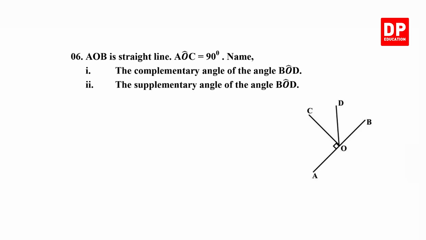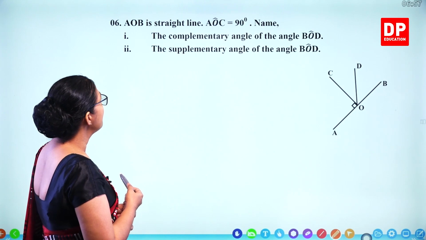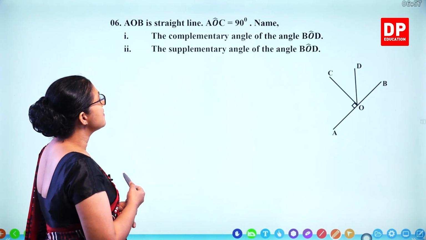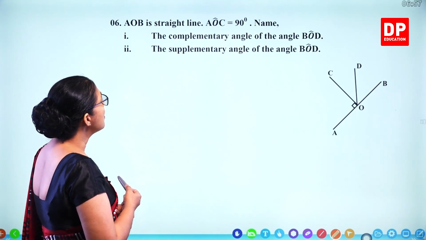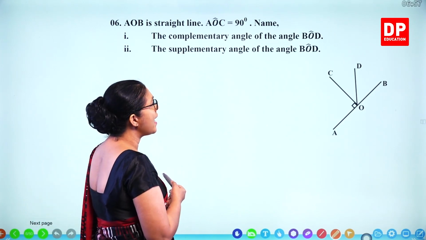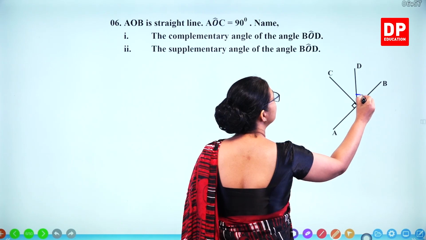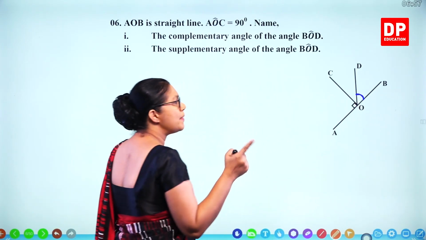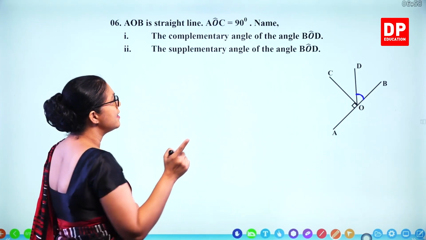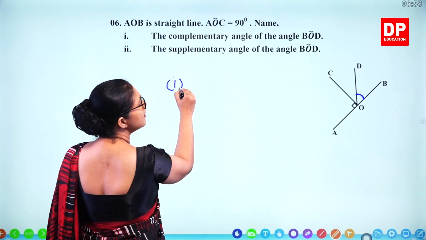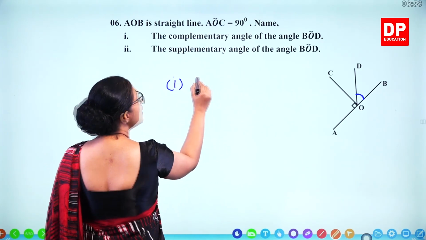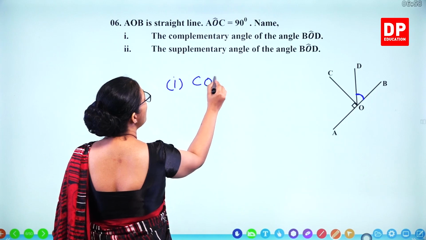Question number 6. AOB is a straight line. AOC is 90 degrees. Name the complementary angle of the angle BOD. BOD, this angle. So what does complementary mean? Add up to 90 degrees. So what's the other angle? BOD with DOC, or COD angle.